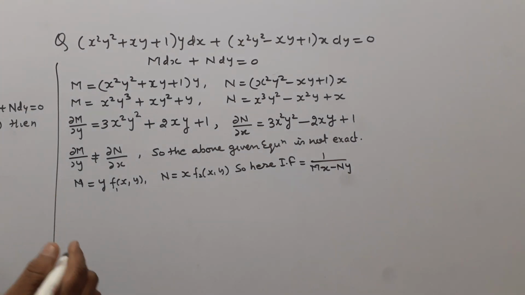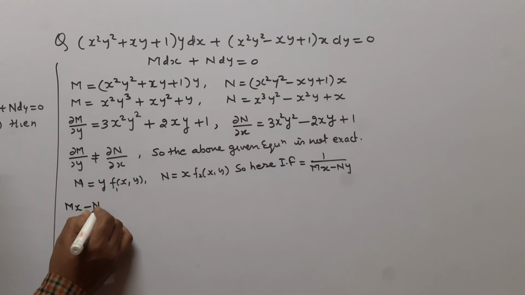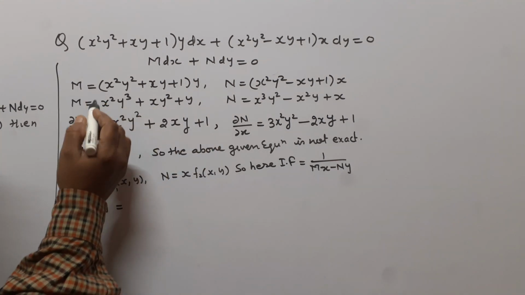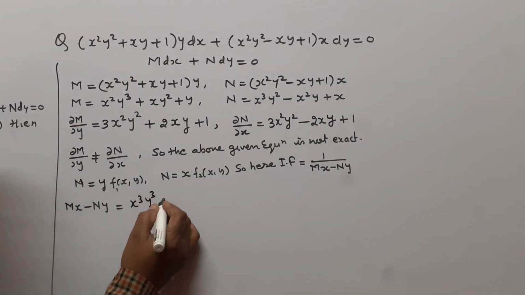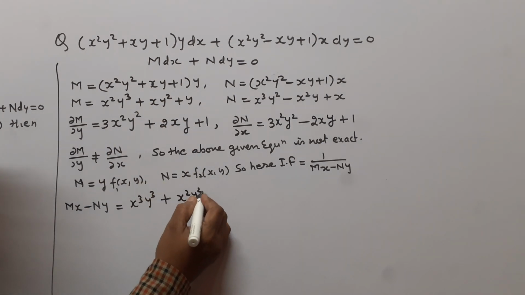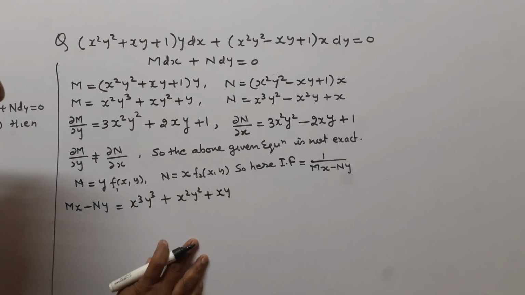So first we calculate Mx minus Ny. We multiply x in M, so we get x multiplied by x square y cube, this is x cube y cube. x multiplied by xy square, we get x square y square, and x multiplied by y we get xy.